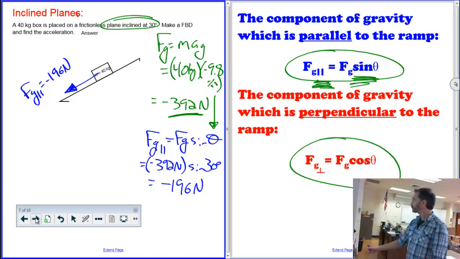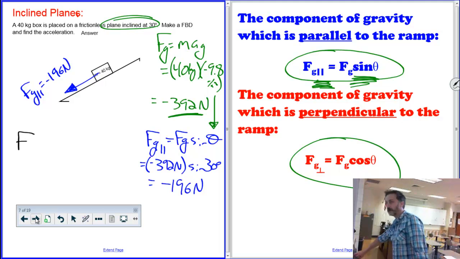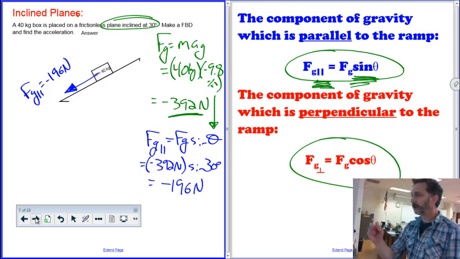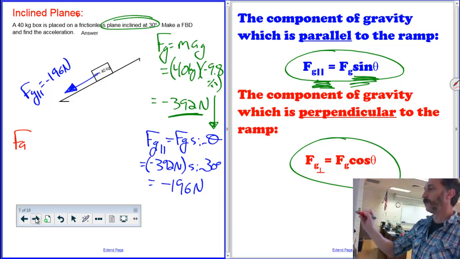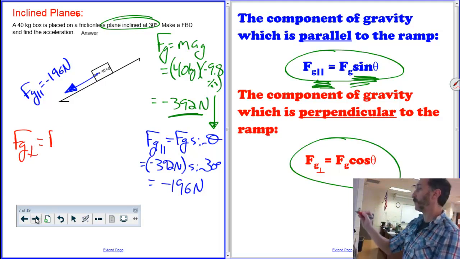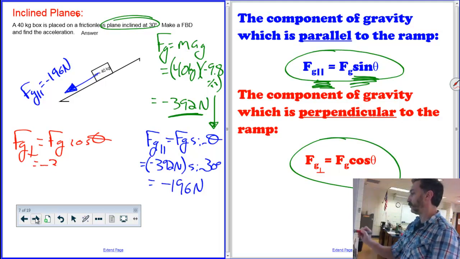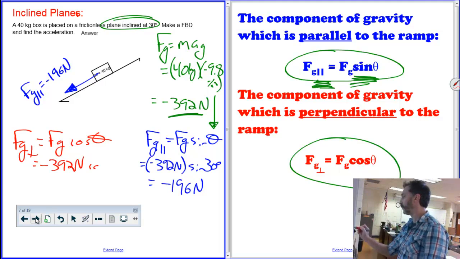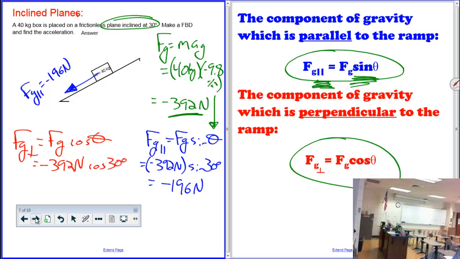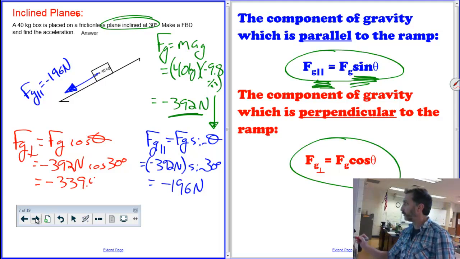And then similarly, find some room on your page and find your Fg perpendicular. This is the component of gravity that pulls the box into the ramp. So that's Fg times the cosine of theta, which is negative 392 newtons times the cosine of 30 degrees, which gives us an answer of negative 339.48 newtons.